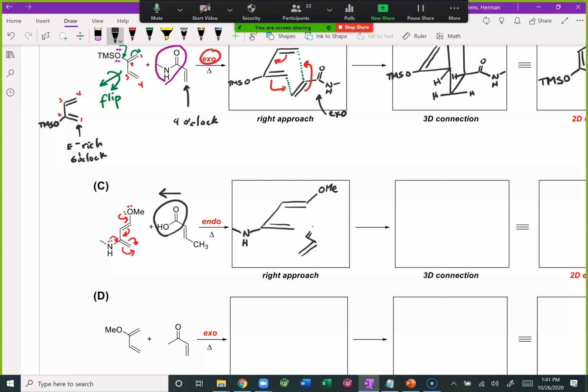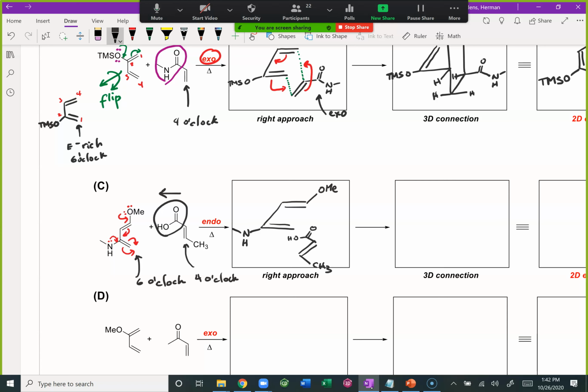This will be a carbonyl group with an OH right there. And the methyl group will be right here. So notice that here's my 6 o'clock. And this one will be my 4 o'clock. Do you understand now the 4 and the 6 o'clock now?